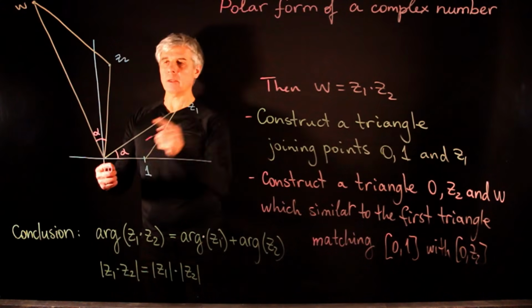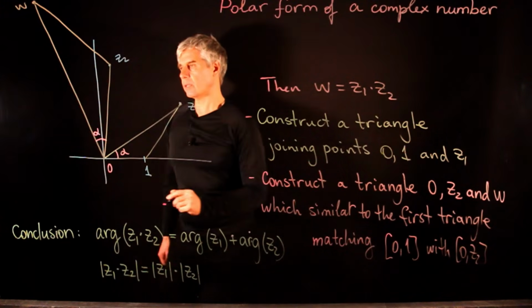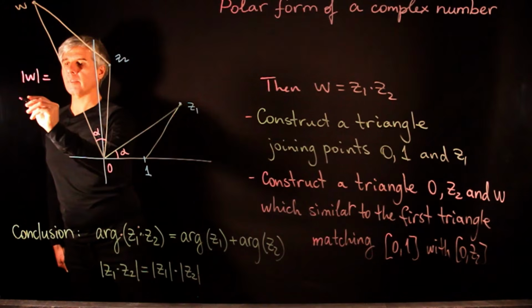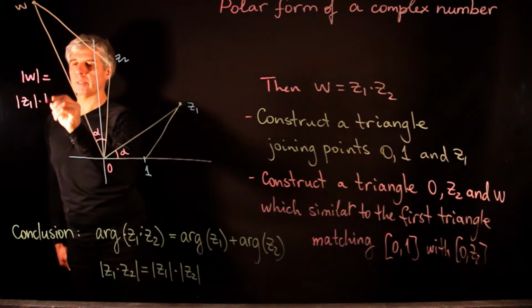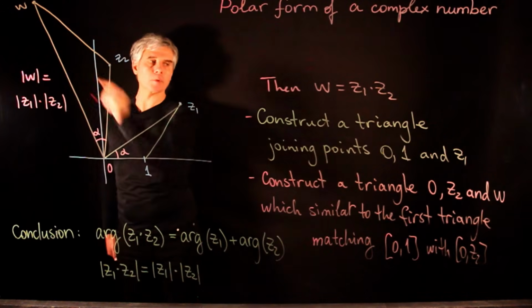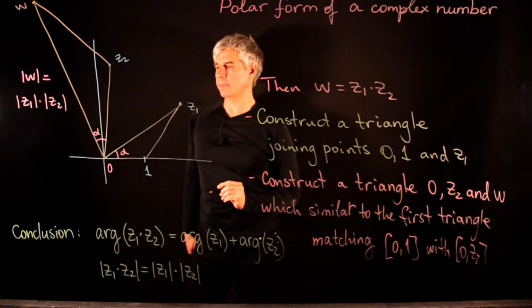And then from the properties of similar triangles, we can conclude that the norm of w is the product of the two norms. And thus, the point w is the product of the complex numbers z1 and z2.